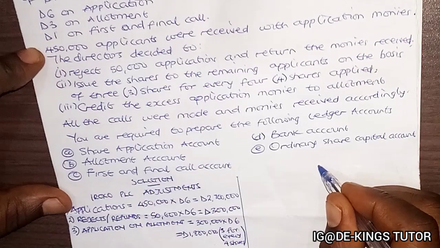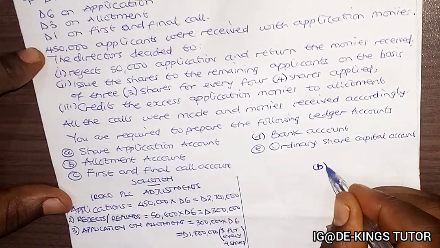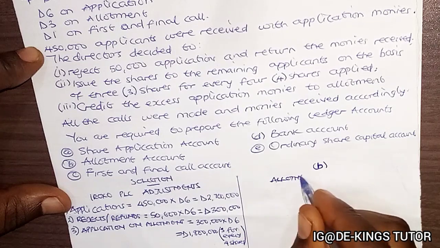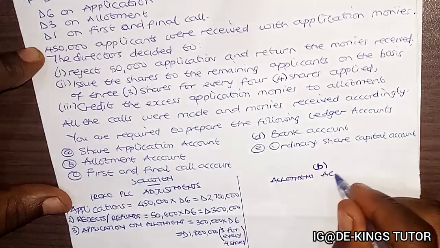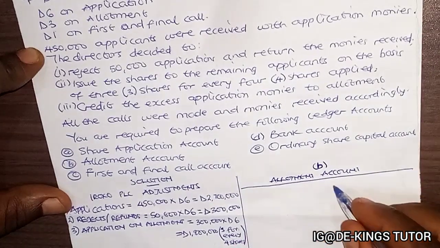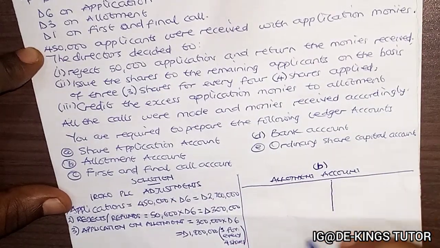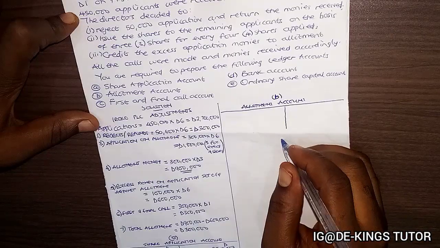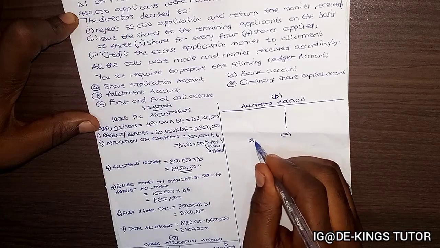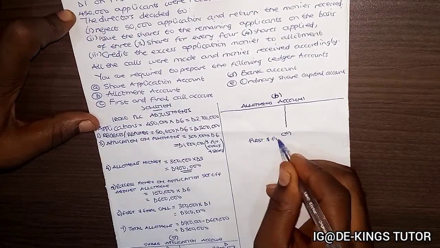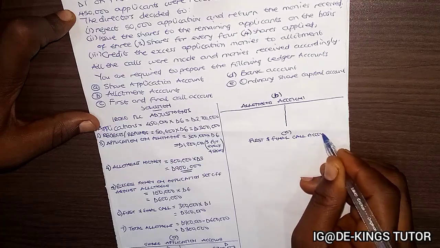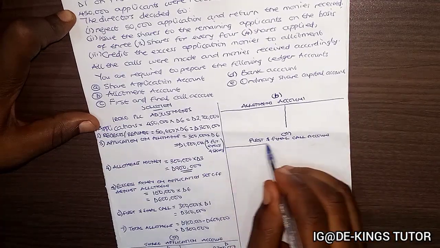So let's prepare everything at once so that it will be easier, so that we'll post accordingly their entries and their corresponding entries. So I have this allotment account, that's for B. And C is the first and final call account.